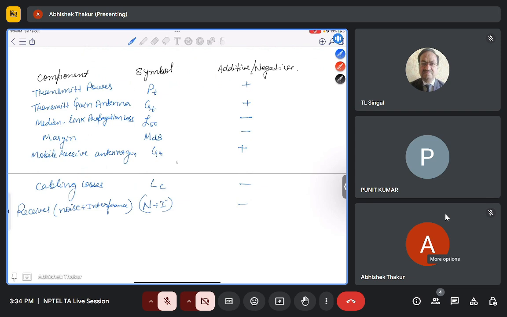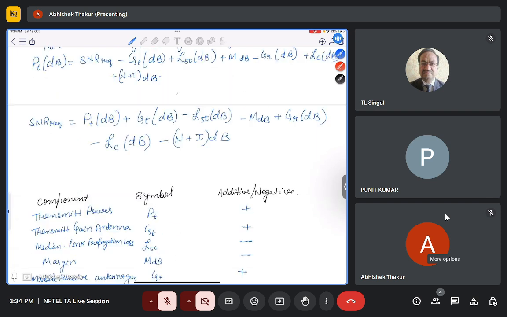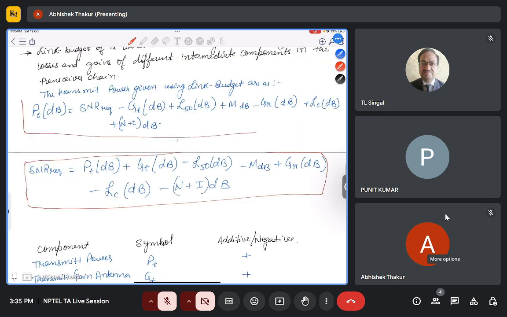Then next is SNR required, that is on our right hand side. So here this is the equation for the required SNR, and this is the equation for the transmit power.